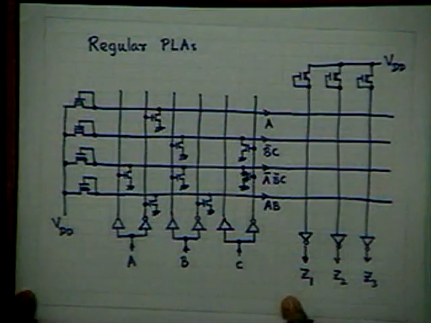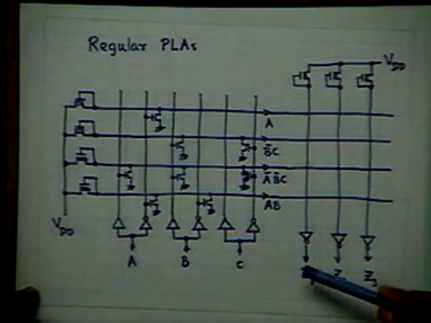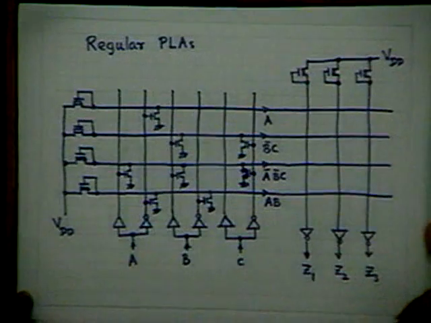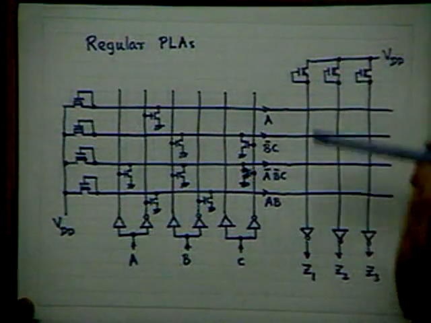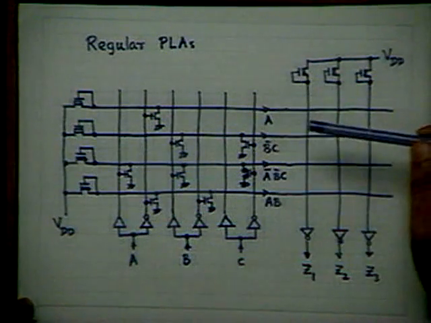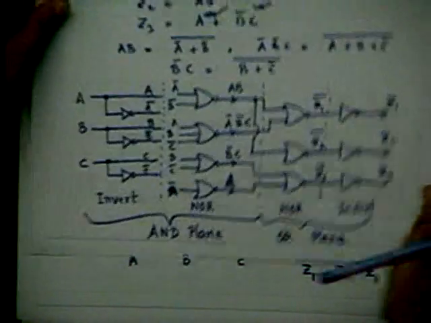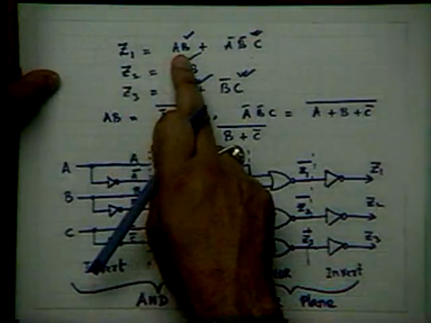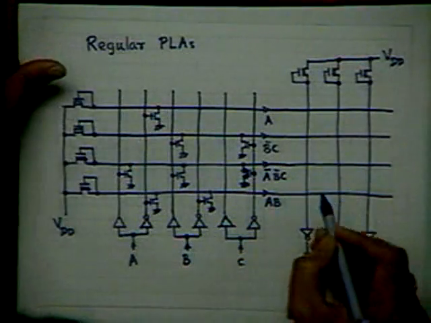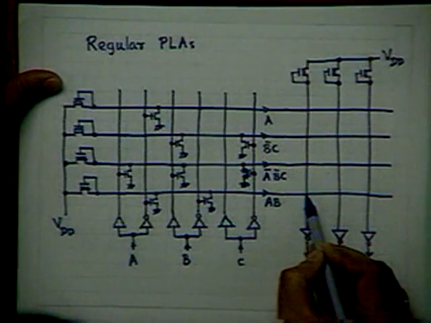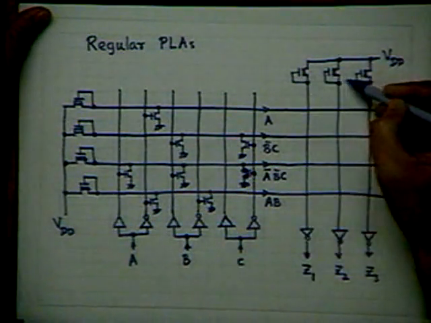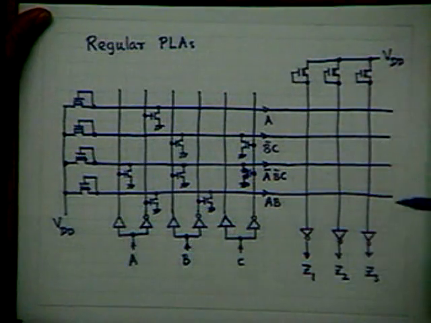So I want to have the functions Z1, Z2, and Z3 at the 3 output points as indicated. So what do I have to do? I have to NOR them suitably and then invert as indicated. For example, I have to first produce Z1, which is AB plus A bar B bar C. So I take AB and A bar B bar C at the input. You know that this is now the load transistor of the corresponding inverters.